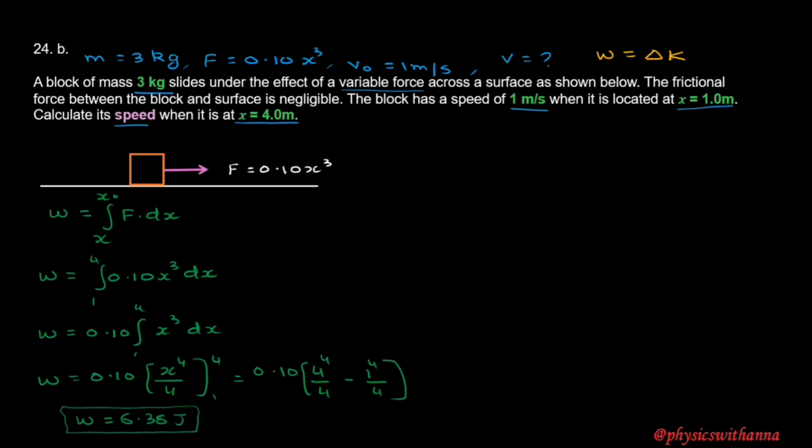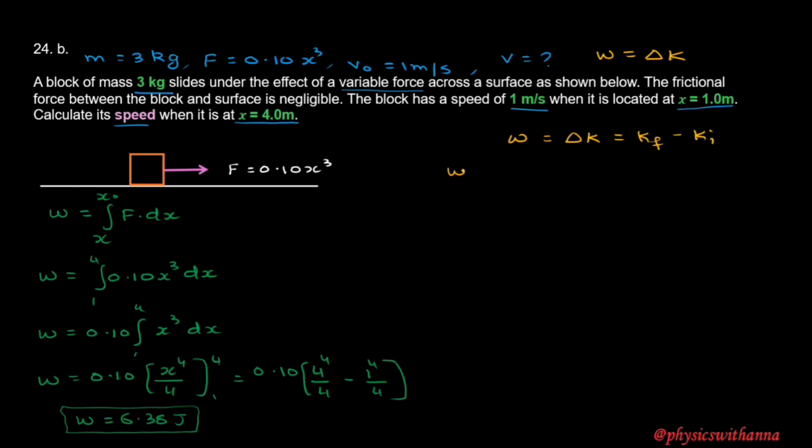Now we will use this work done to calculate the final speed V. To find the speed V, we will use work kinetic energy theorem. We know from work kinetic energy theorem, work done by the force is equal to change in kinetic energy of the block. Change in kinetic energy I can write as final kinetic energy minus initial.